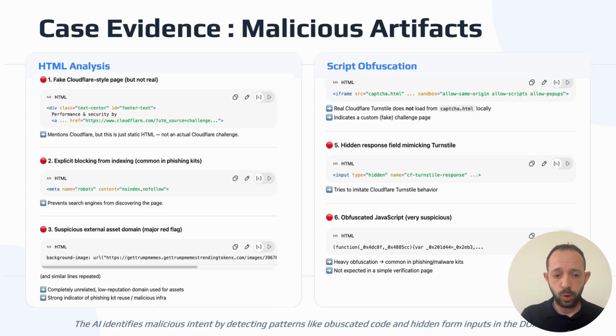However, when I conclude all the artifacts together, I need to get to the conclusion that this is a malicious domain. So the first artifact, I would say, could be suspicious, but I'm not sure.